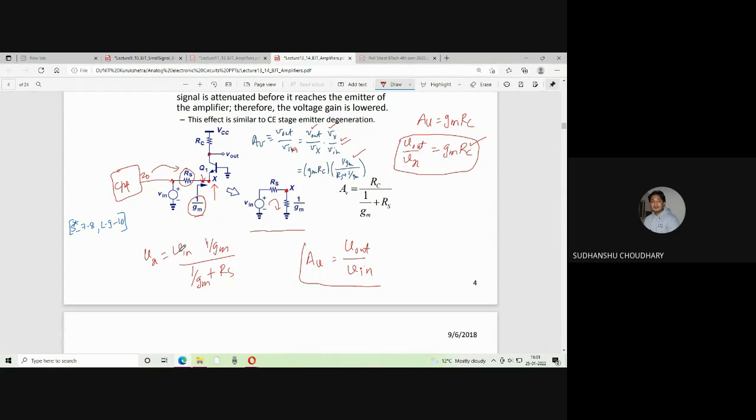If I bring this Vin down, this becomes Vx by Vin, which is (1/gm) divided by (1/gm plus Rs). So I write the same over here instead of Vx by Vin. Now this gm and this gm cancel out, so we are left with Rc divided by Rs plus 1/gm. So this is now my total gain of this circuit with Rs.